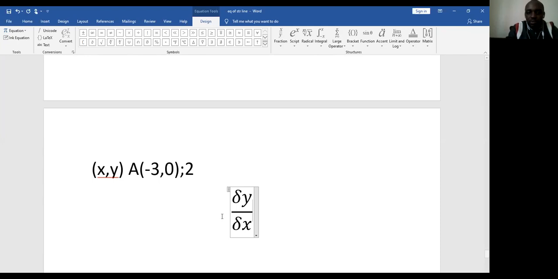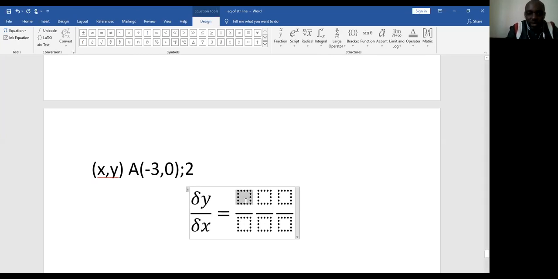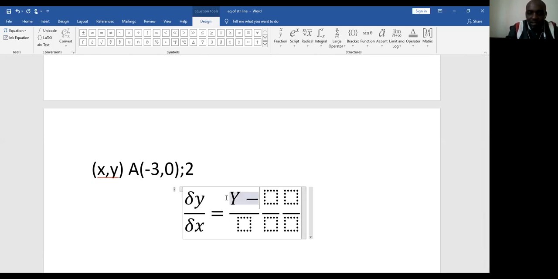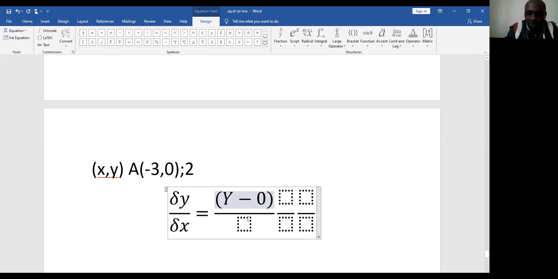Good. So is equal to, I take y minus, so it's going to be y minus 0. And it's very good to have a habit of putting a bracket here to avoid confusion when calculating. So y minus 0. And then I come here and say x minus, so x minus negative 3.